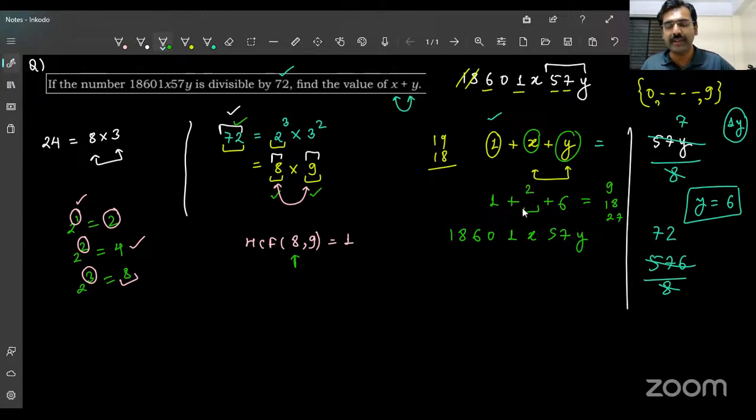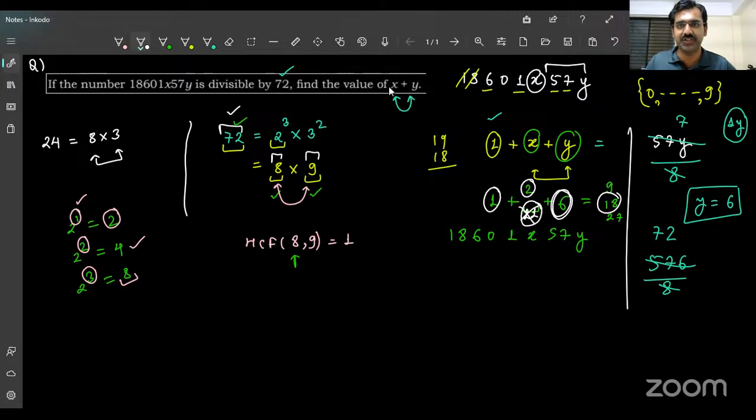If I wish to make it 18, those changes will not be acceptable. Why am I saying so? Because 6 plus 1 is 7 and 18 minus 7 is 11. So I cannot take the value of x as 11 because x is a digit and it cannot be a two-digit number. I hope you're getting it very clearly. So I have clearly cracked the logic that the value for x is going to be 2 and the value for y is going to be 6.